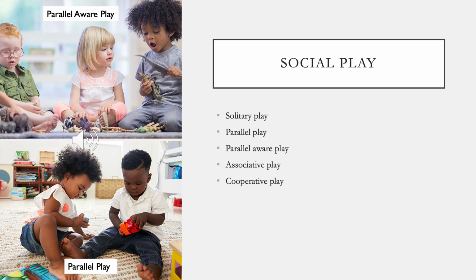Your text doesn't discuss the other 2 forms of Parten's types of play, unoccupied and onlooker, but I wanted to just briefly bring them up because you might have heard of them. Onlooker play is an extension of solitary play almost, where children are not engaged with others, but they're watching and observing.